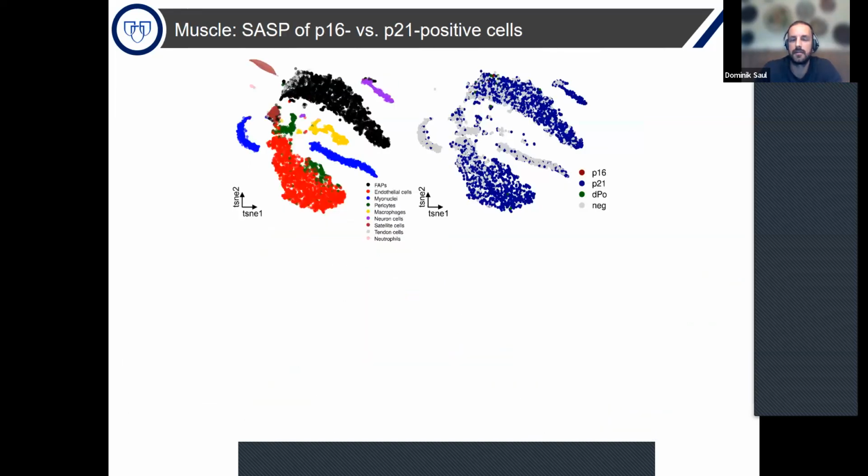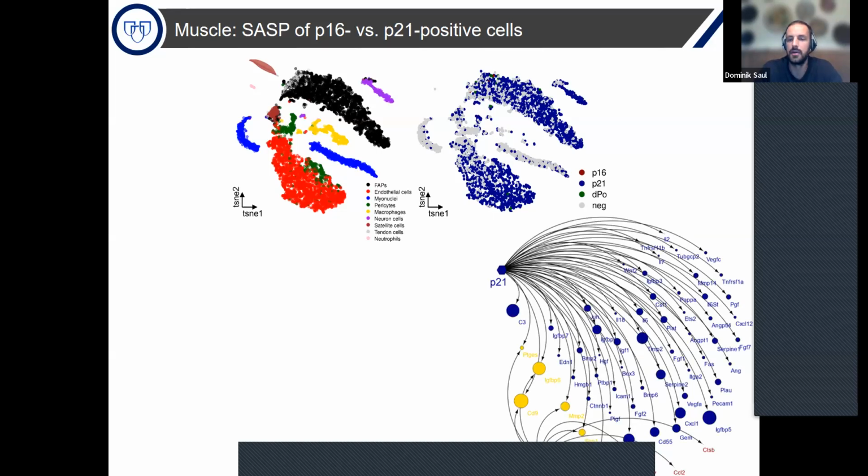that we analyzed. This is the muscle tissue single-cell RNA-seq data set that we used. Again, we were able to use the selection criteria from before, so CD45 negativity, Ki67 negativity, S-phase negativity, and then select the p16 or p21 positive cells. And again, you find very few double positive cells. One of them is, for instance, over here in the endothelial cell cluster, but altogether there are very few double positive cells.